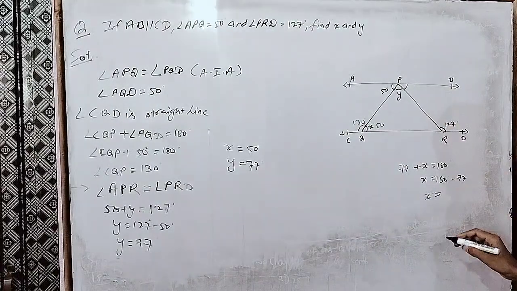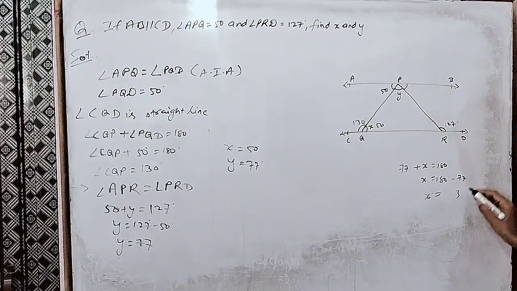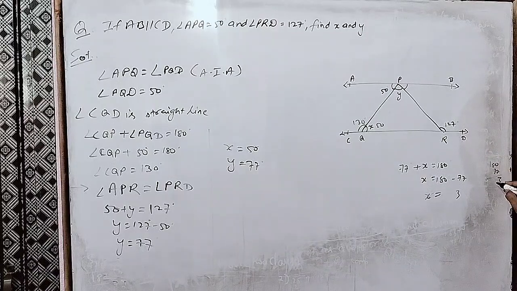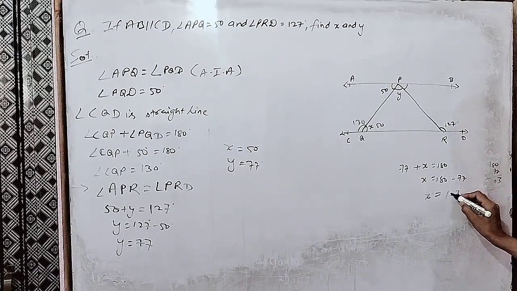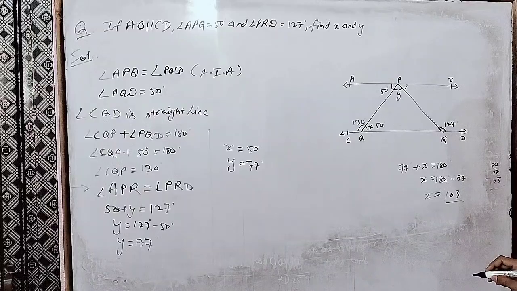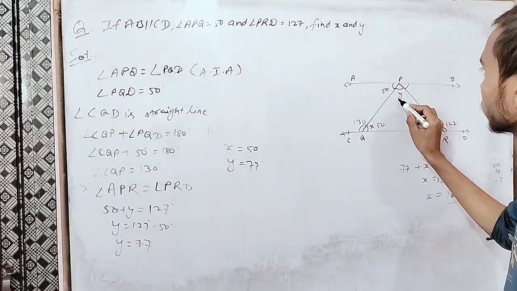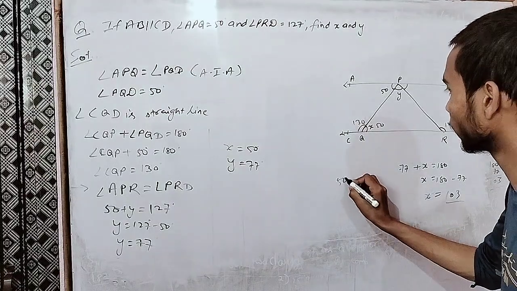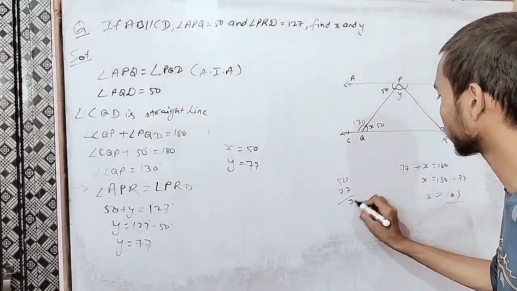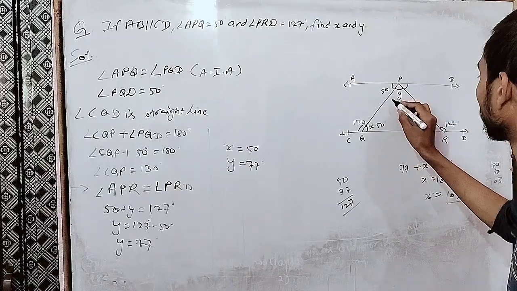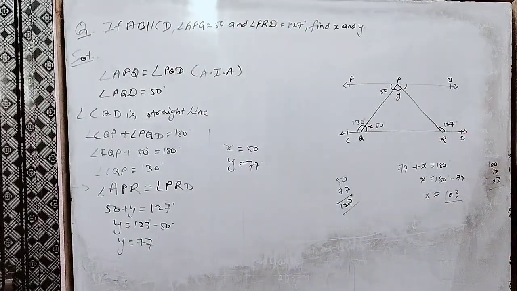The value of this angle would be 103. Here we can see 50 and 77 together is 127, and here we are looking at 127.